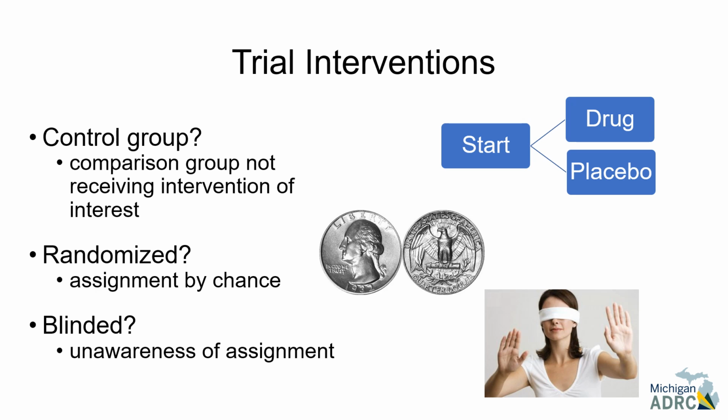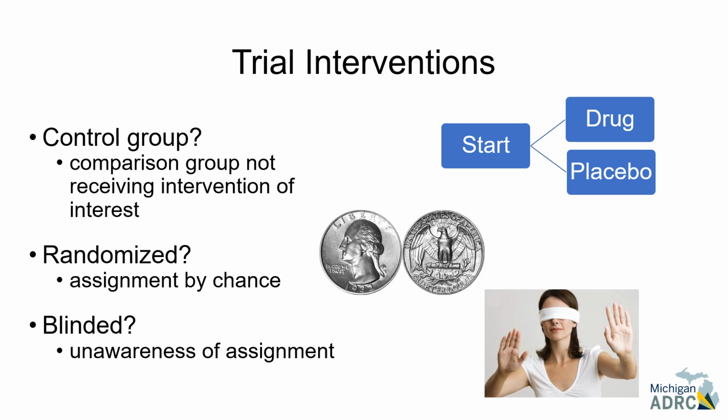And will individuals know whether they are receiving the active drug or not? Will they be blinded or unaware of their assignment? And all of these have important implications for interpreting the results of a clinical trial. Let's take the example of a study of a multivitamin on cognition.